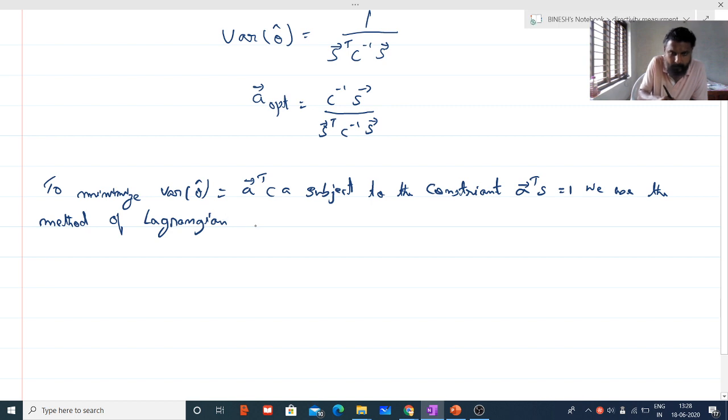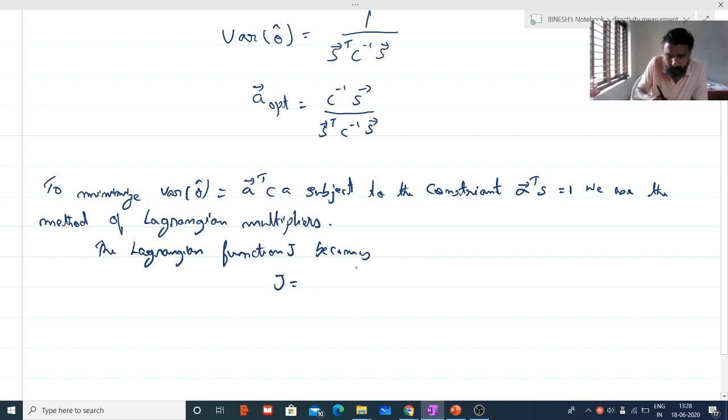So the Lagrangian function J can be written as J equal to A transpose C A plus lambda into A transpose S minus 1.